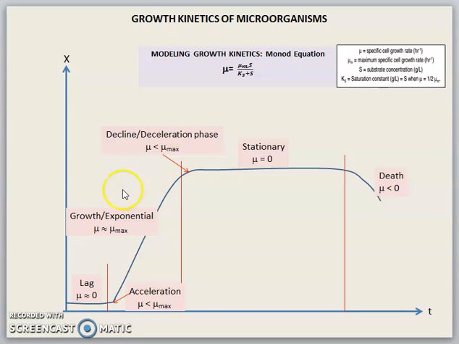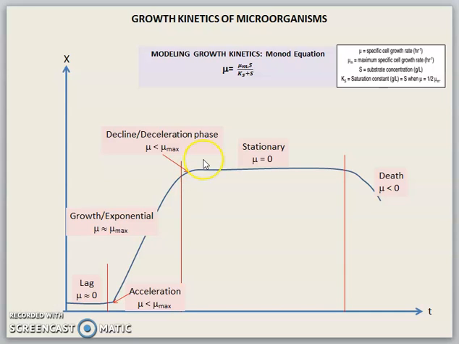In order to identify the mu max, we have to use the data at the growth or exponential phase. Later we have a decline or deceleration phase, in which mu is less than mu max.